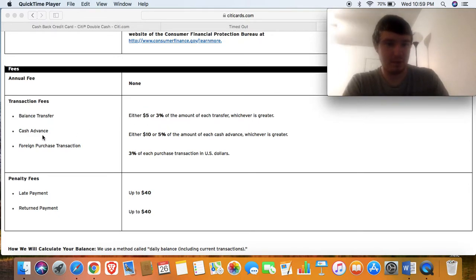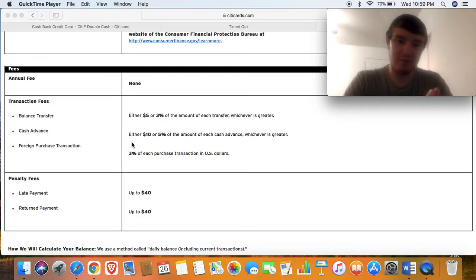Cash advance. Okay, now when you do cash advances, there's what's called a cash advance fee. This right here is specifying the amounts of that fee. So right here in Citi's deal, they're going to charge you $10 per each cash advance, or 5% of the amount each time you make a cash advance.